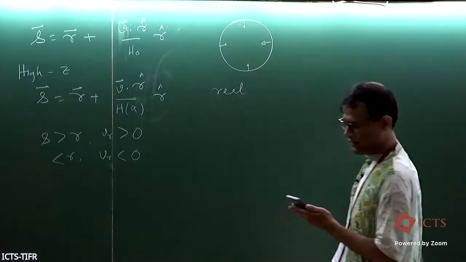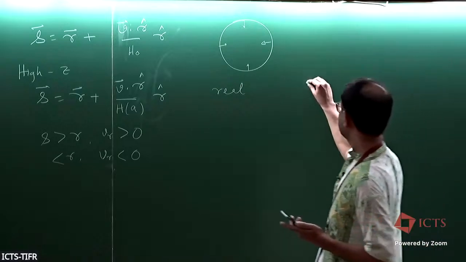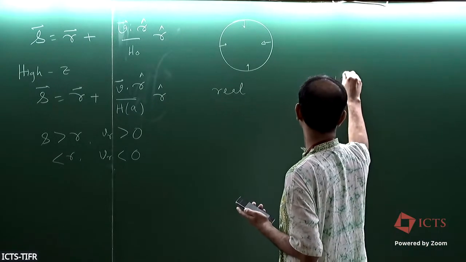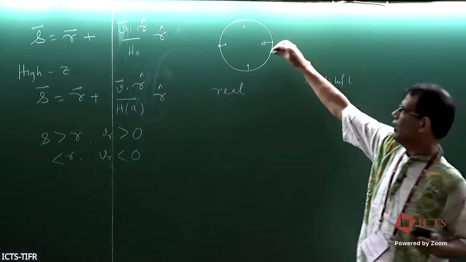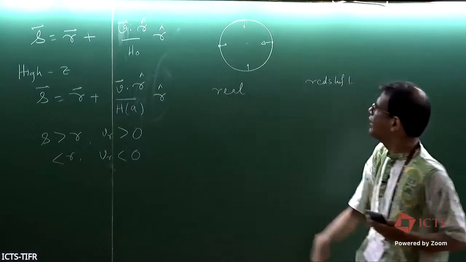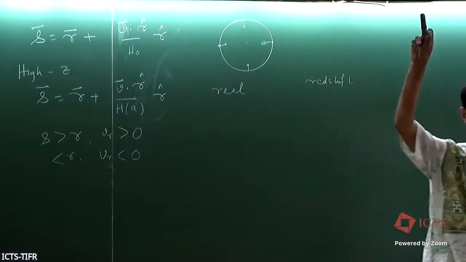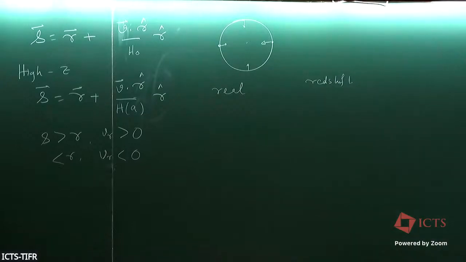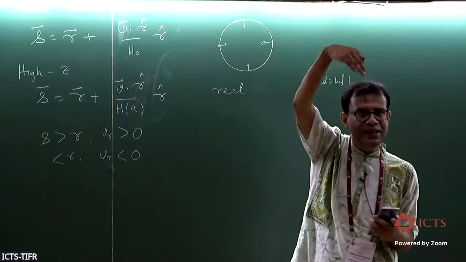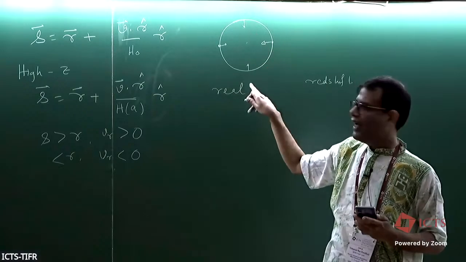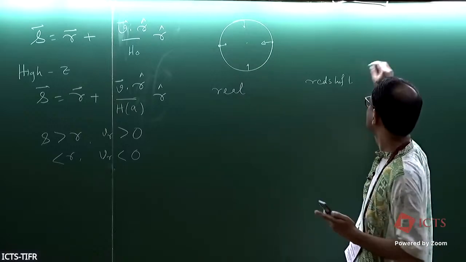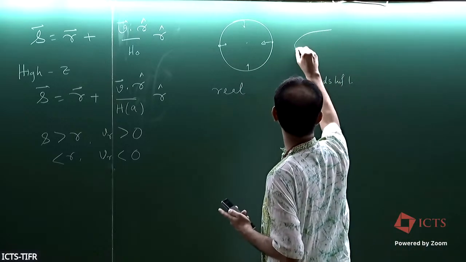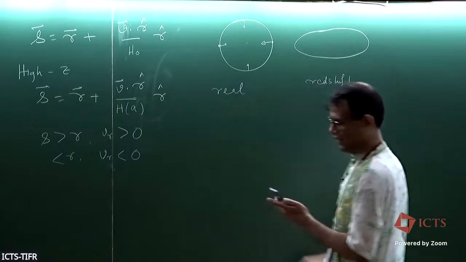It is a sphere. In redshift space, for example, these 2 points will remain where they are. Imagine this to be your reference redshift. So these 2 points are not going to change. At least the relative distance between these 2 points is not going to change because they are only in the transverse direction. This point will seem closer to us, and this point will seem further from us because the velocity here is positive. So in redshift space, it will look something like this.